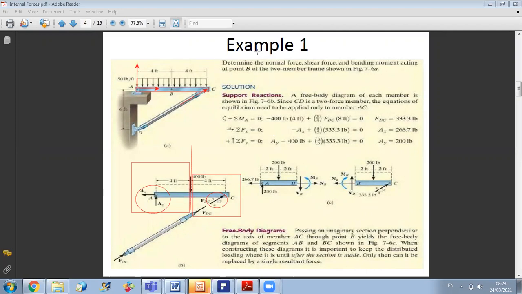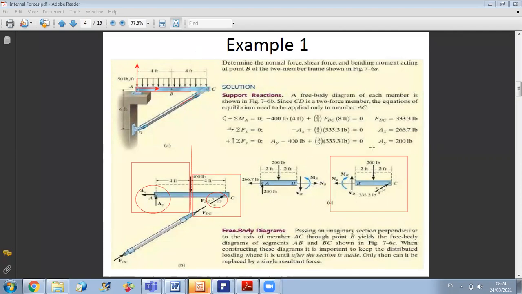So let's say I want to work with this part, not with the other one. Because if you do the calculation on the left or right part, you will get the same results at the end, because by action reaction, you have the same internal forces, but in opposite sense.